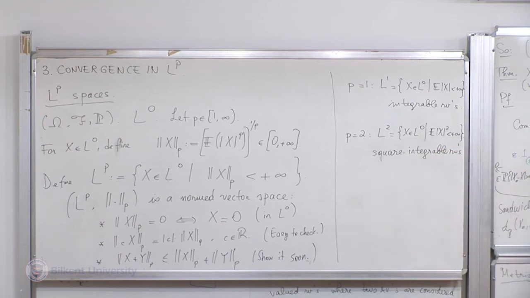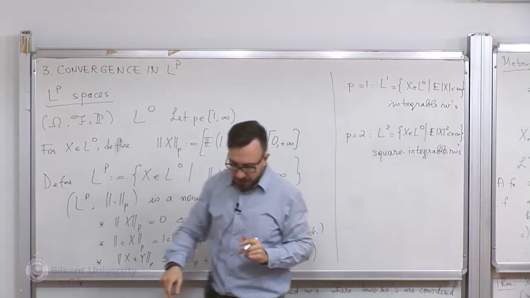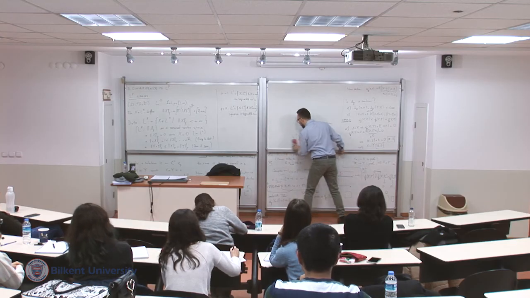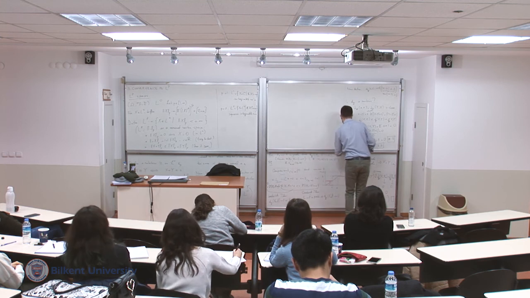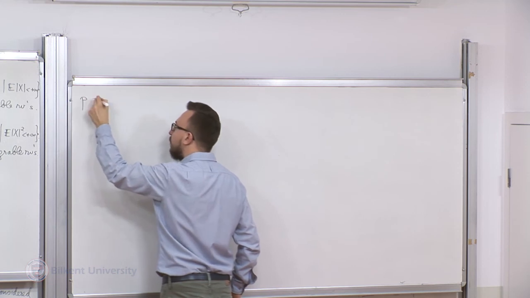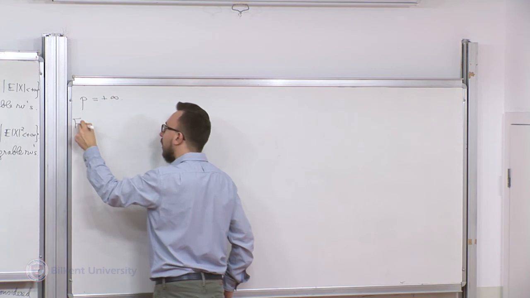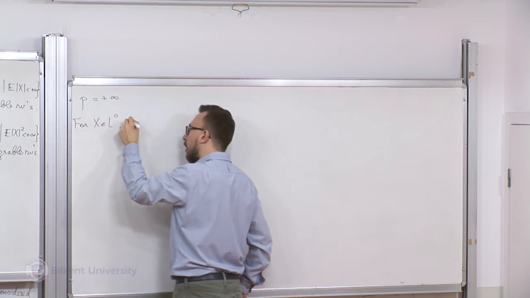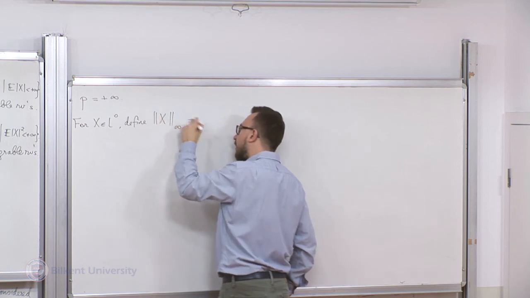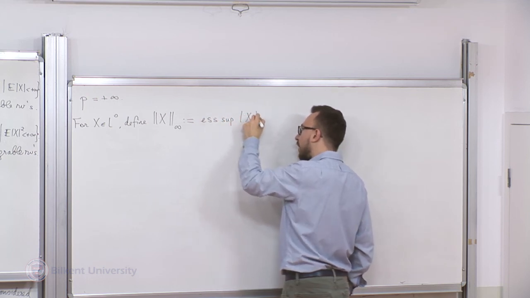Okay. And we will also define the case p equals infinity. We need to treat it separately, and this is called the L infinity space. So now let's take p equals plus infinity, and we're going to define the L infinity norm of x as the essential supremum of the absolute value of x.